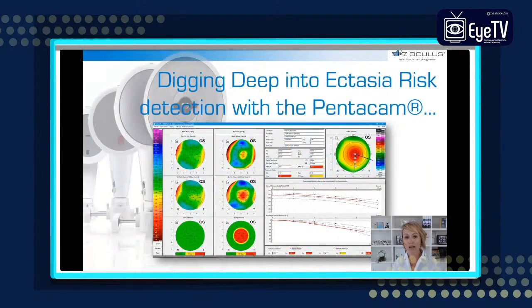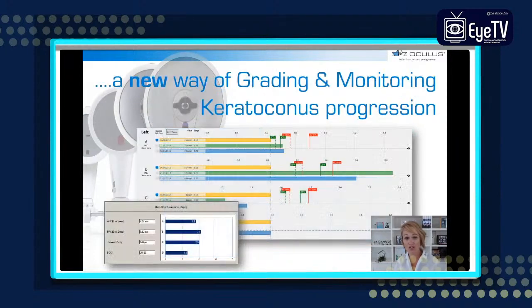One of the best known displays in the Pentacam is the Belin Enhanced Ectasia display. This display is used by many as the go-to way to screen refractive patients to detect abnormal corneas. It uses both anterior and posterior elevation as well as pachymetry progression. A newer feature to the device is the Belin ABCD staging and progression display.